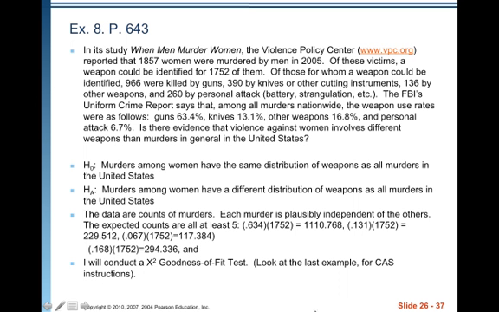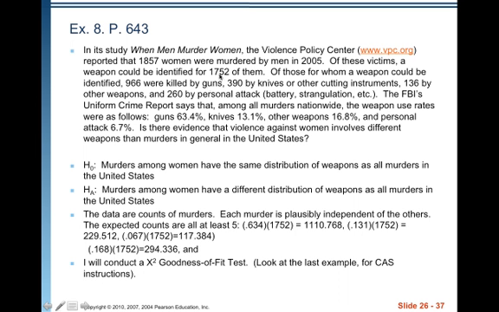Okay, so let's check our conditions. The data are counts of murders. Each murder is plausibly independent of others. The expected counts are all at least 5. You do this by taking the percent as a decimal and multiplying by the total number of women.